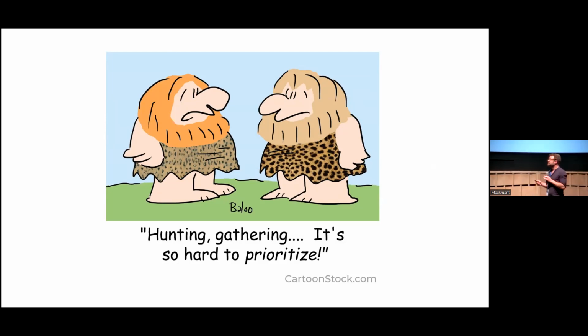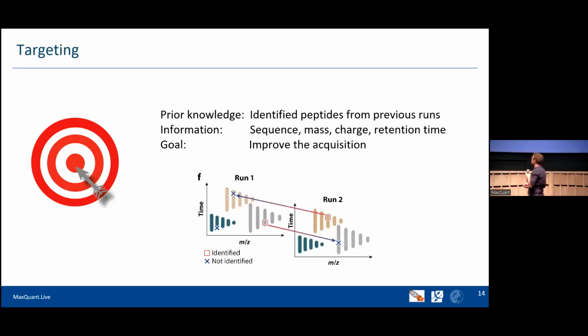And then it's probably not the best idea to apply DDA or even DIA, but try something else. It's always a trade-off, and it's also important to prioritize what you really want to do. And that brings me to the targeting app.